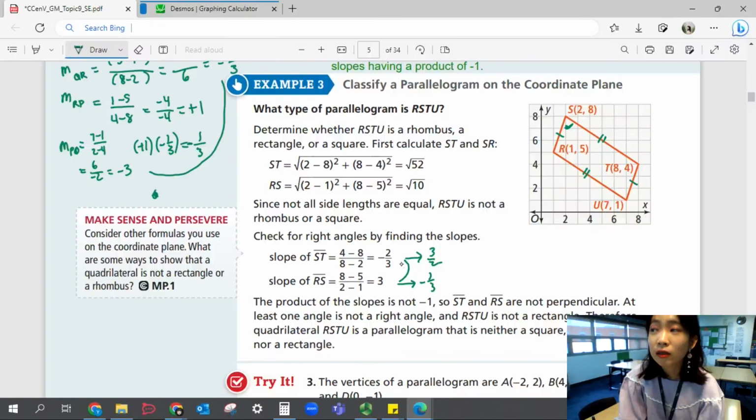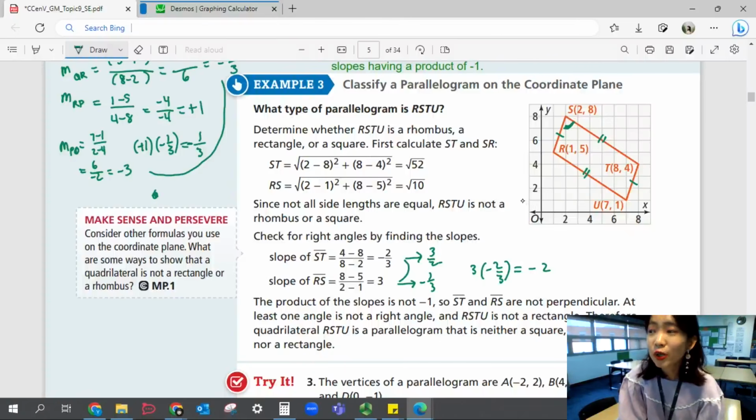If you check the product of them, it is not negative 1, it is negative 2. So it is not a right angle, it is just any angle that is not a right angle. Okay, so they are not perpendicular, this cannot be a rectangle.